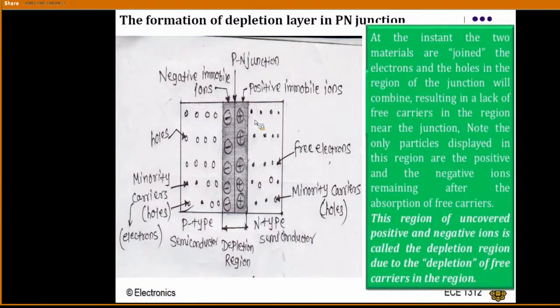Current is the movement of electrons, or the movement of holes. In the open circuit connection, that means you are not applying any electric supply from outside. Now when you combine P type and N type, there is a difference in what you call potential. Here holes are there, here electrons are there.